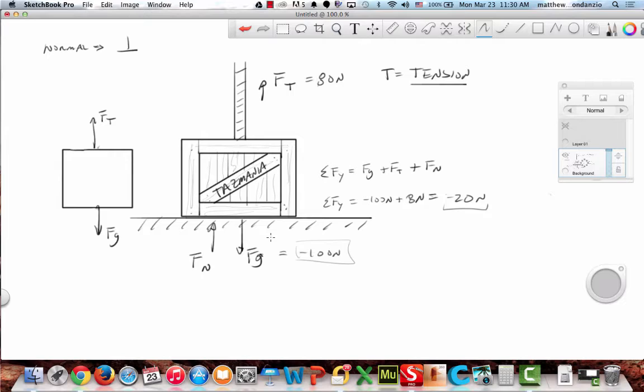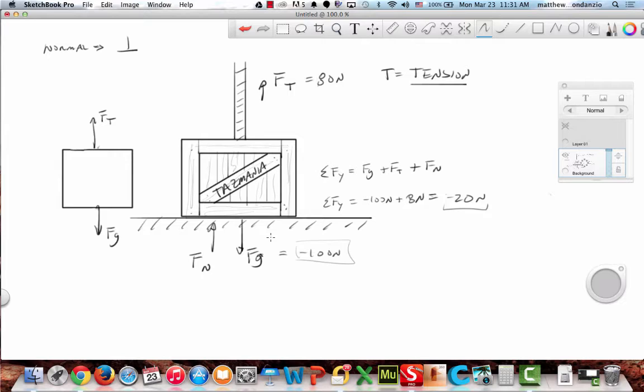The normal force, guys, is an important force. It's really important to understand a couple of things. Number one, it changes depending on how much force is being applied.